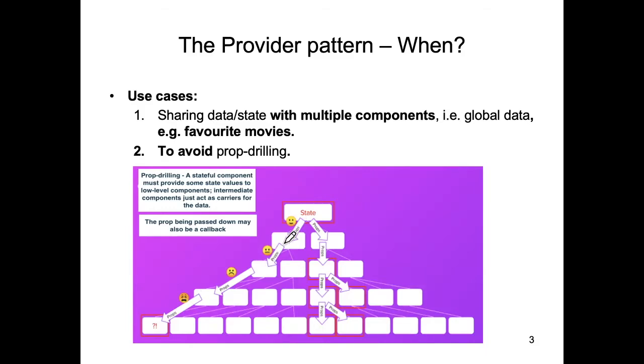So they're really only transporters, if you like. Eventually it will arrive at the component that needs it and presumably displays it or maybe uses it for a computation. So this idea of passing props down through a hierarchy in order to get it to the eventual destination is referred to as prop drilling. And it's something we don't like to have in our apps.